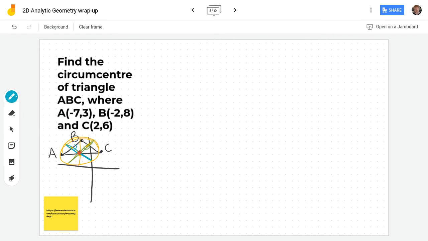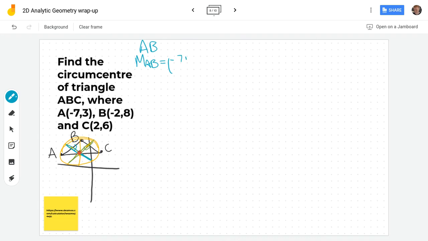Okay, so I'm going to start with side AB, and I'm going to find the midpoint of AB first. And again, lack of space here, so I'm not writing down my formulas, but you should always write them down at the beginning. So the midpoint of AB: you find the average of the x values and the average of the y values.